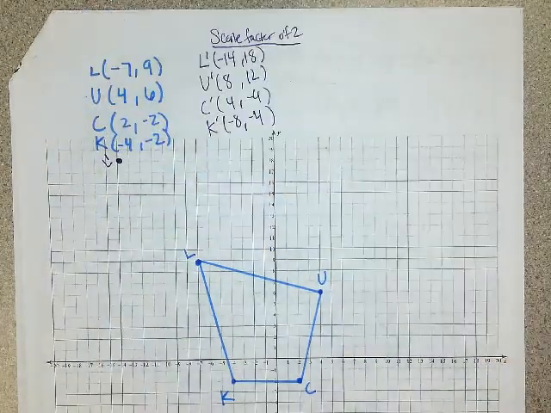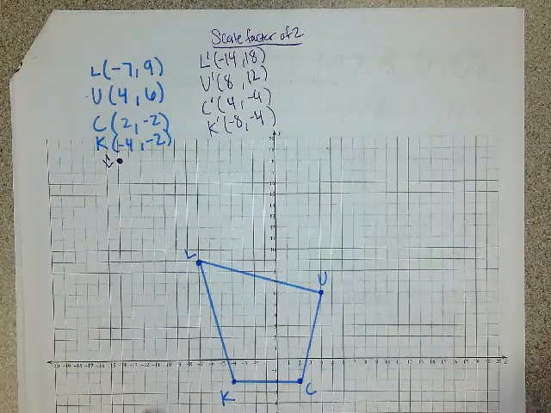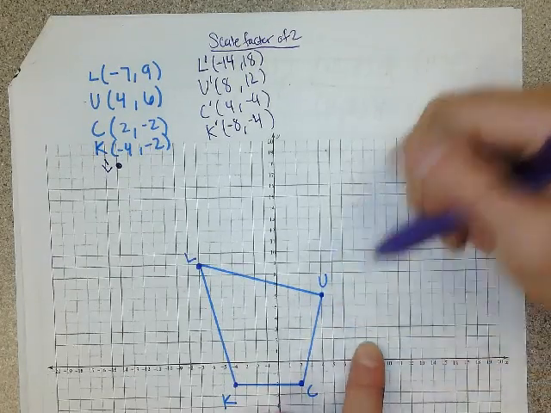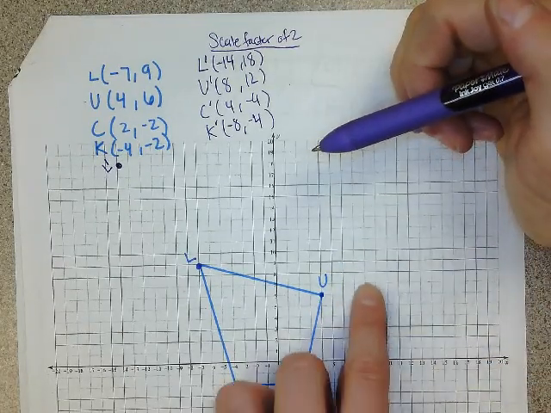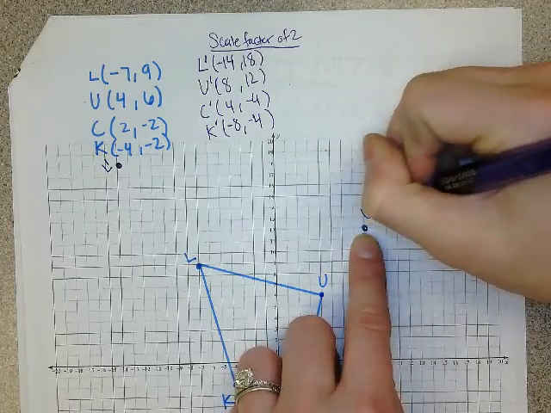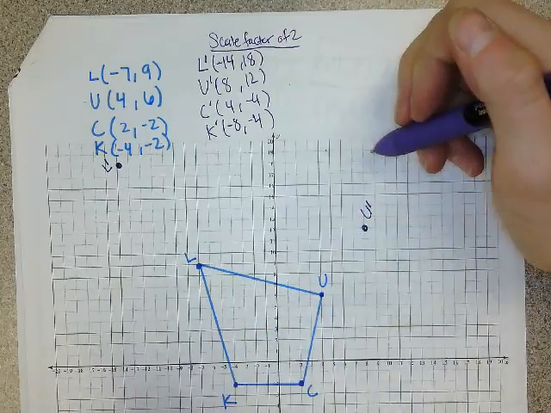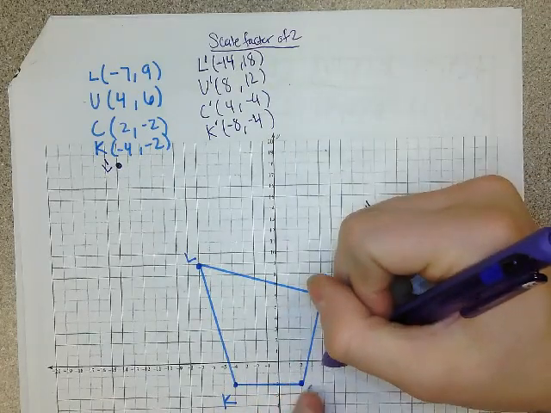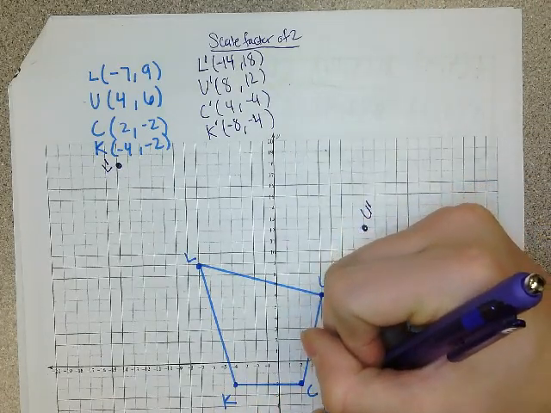Yeah. And then U is 8, 12. C prime is 4, negative 4.